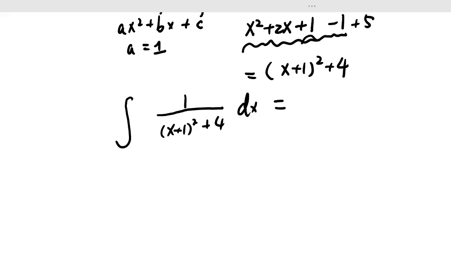Now can you tell me how I'm going to use the arctangent? Because I have x plus 1 squared plus 2 squared, a perfect square plus a perfect square, I think I'm able to use the arctangent formula to finish it.